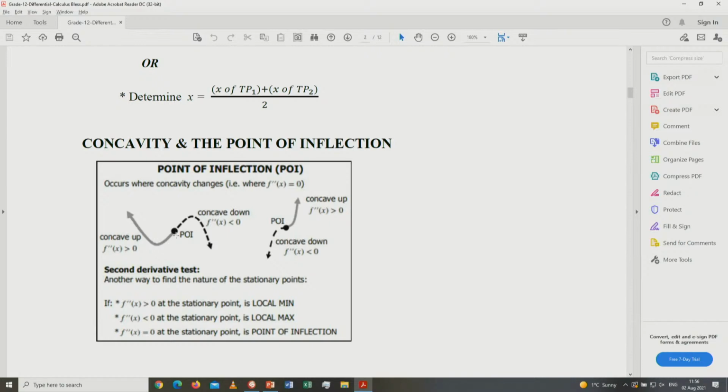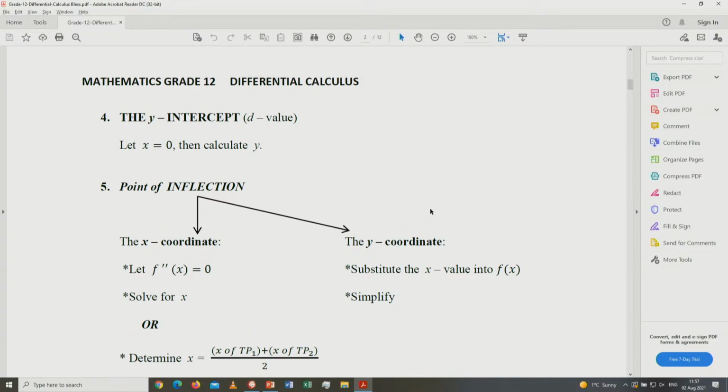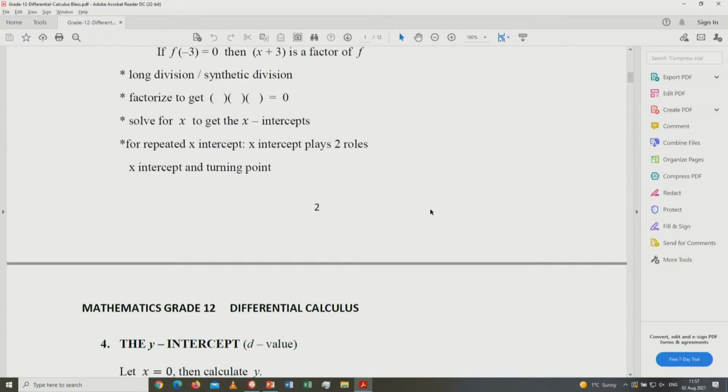Remember, the point of inflection is when the graph changes its concavity. You should remember this. Very, very important, learners.